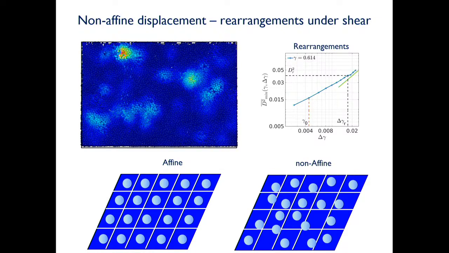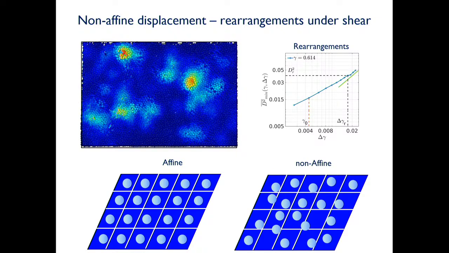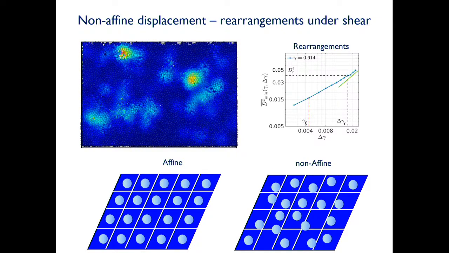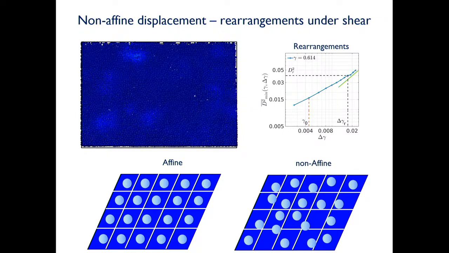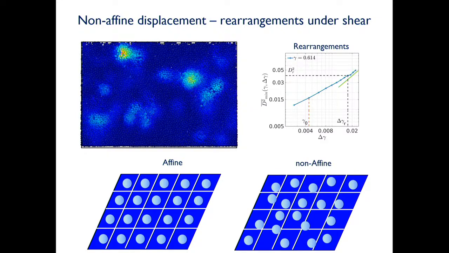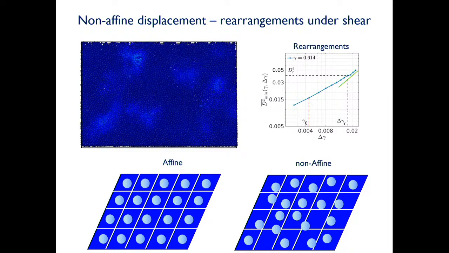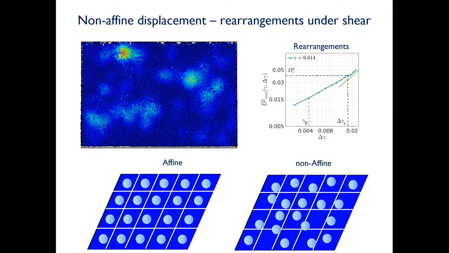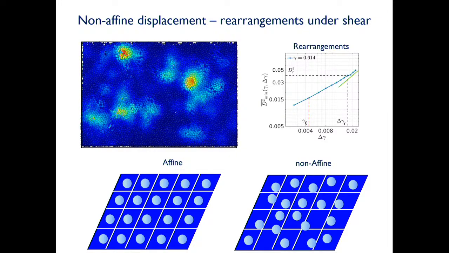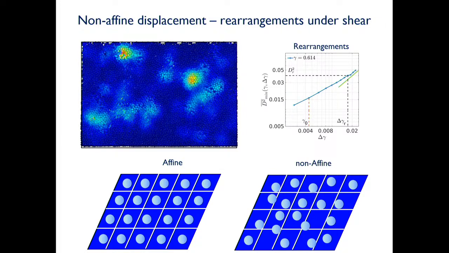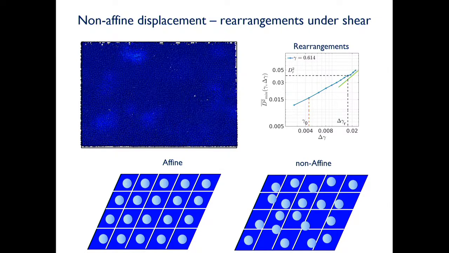Once again, we identify a time scale, and then a length scale, not a time scale, the strain scale, okay? Here the strain scale and the time scale are linearly dependent, so one can easily replace this with the time scale. So we identify a strain scale based on the transition from the subdiffusive to the diffusive regime. This is the point where we say it's going from subdiffusive to diffusive, because this is where the slope is becoming 1, okay?